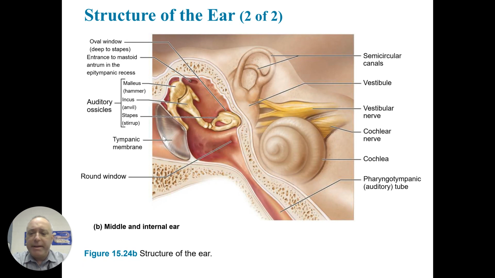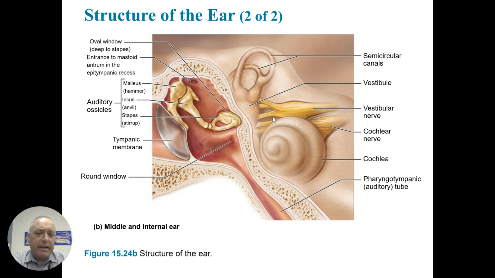Okay, so if we look at the tympanic membrane, this is what's going to first transduce the sound and activate these little auditory ossicles. We've got a malleus, which is the hammer. We've got an incus, which would be the anvil, so the hammer beats on the anvil. And then there is the stapes, or the stirrup.